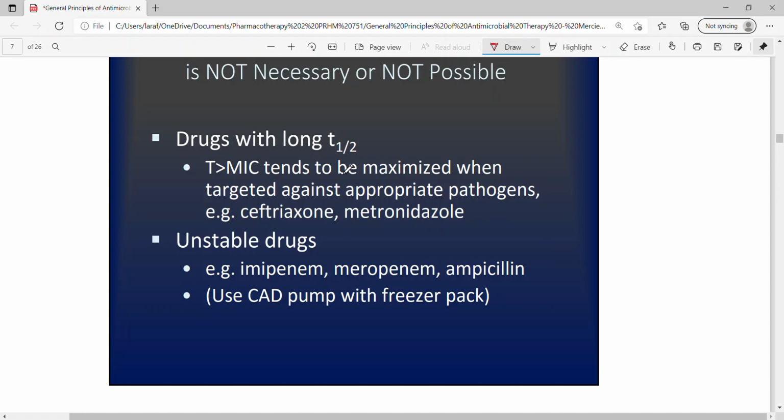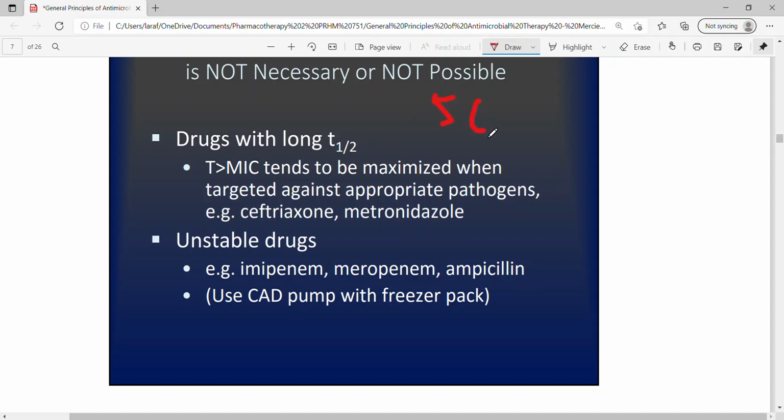This is a half-life. Basically, that's what this is, a T for time, and then half-life. You guys know it, but it is how long it takes for the medication to drop by 50%.